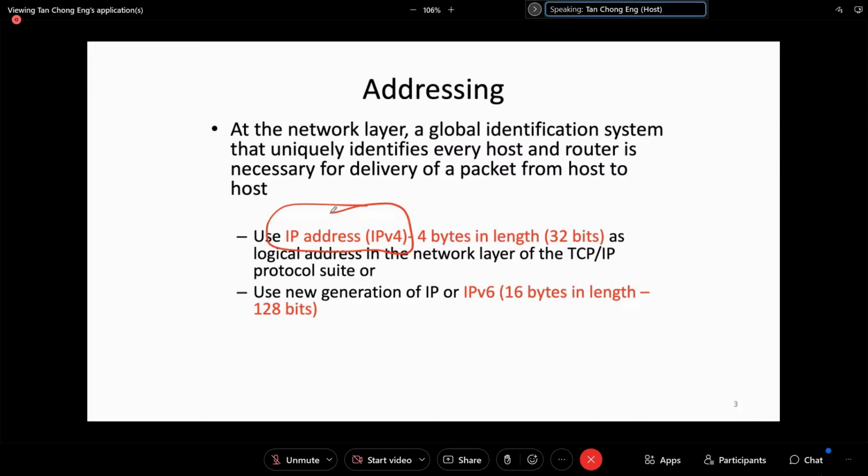When you have a traffic jam, if the ambulance does not have a siren, no one is going to give way to your ambulance. So your ambulance will not be able to arrive at the hospital in the shortest possible time. IP version 6 basically allows this priority service. You can put a siren on, other people see it, and automatically give way. So this is what we call quality of service in network traffic.